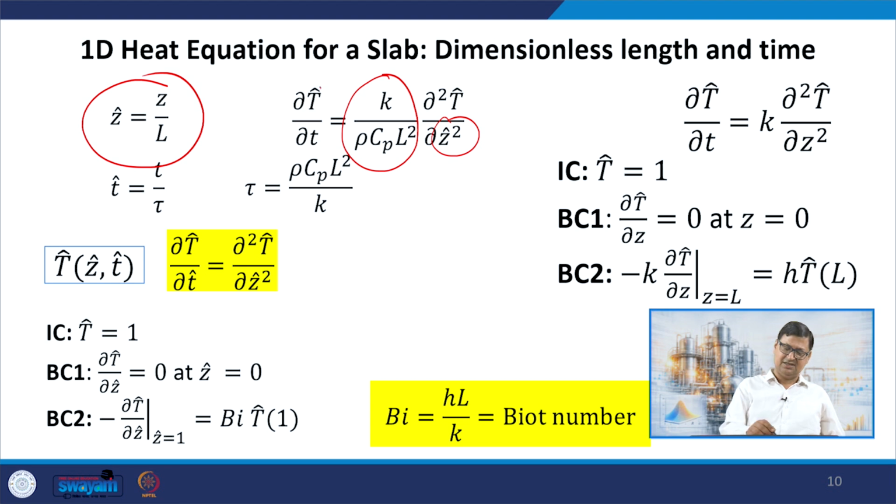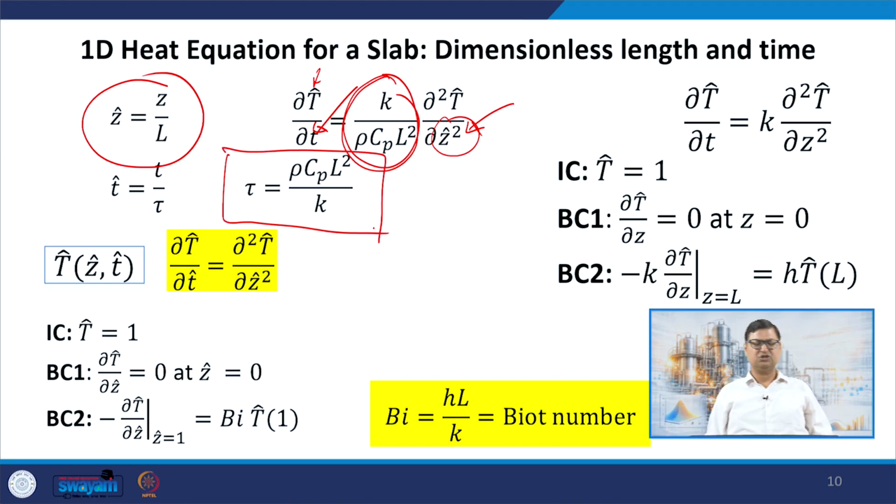Since temperature is already dimensionless, and Z is already dimensionless now, we only have a dimensional variable, time. Therefore, whatever we have on the right hand side will have a unit of something like 1 over time, and that's exactly what is happening here. So I can define a time scale, rho Cp L square by K, that comes from this.